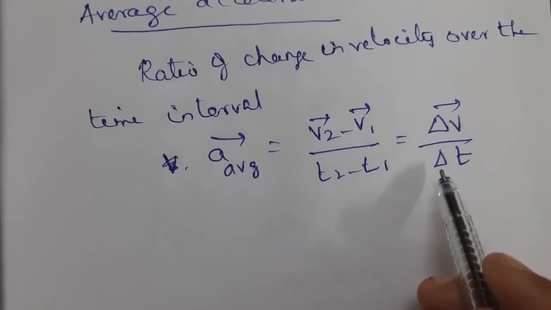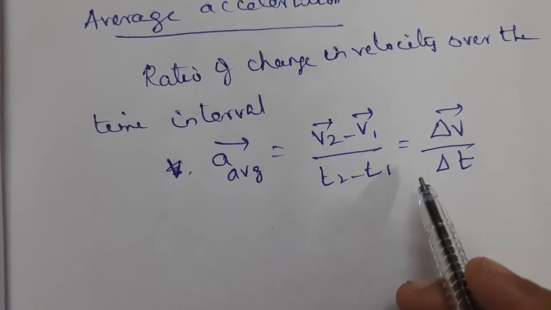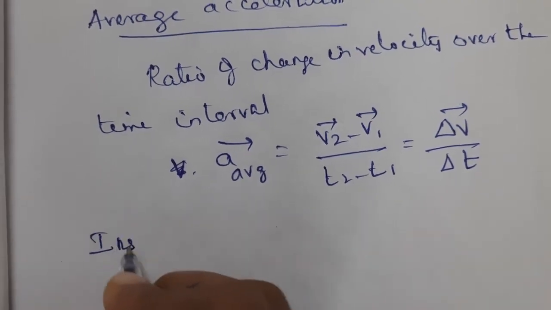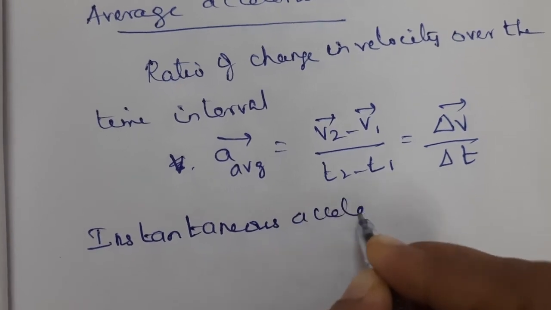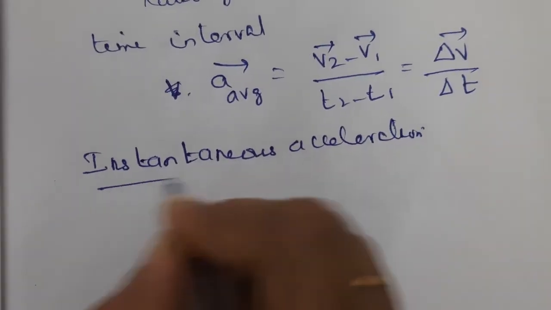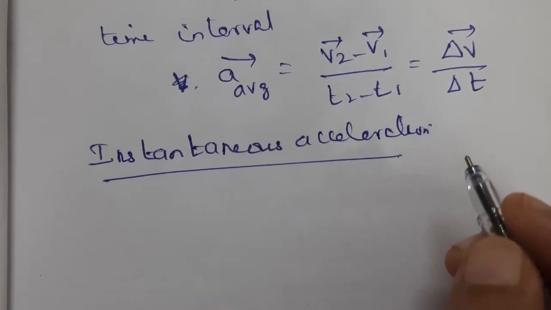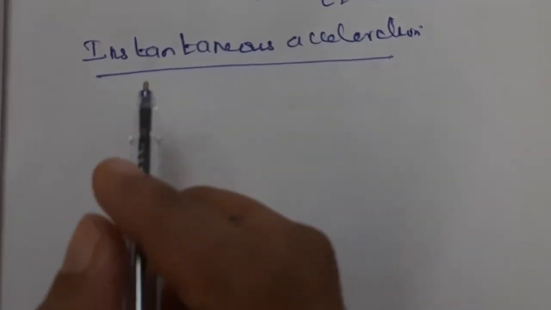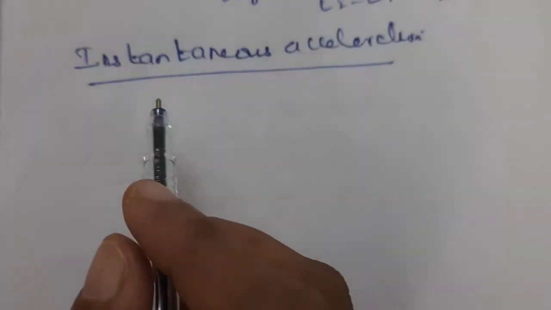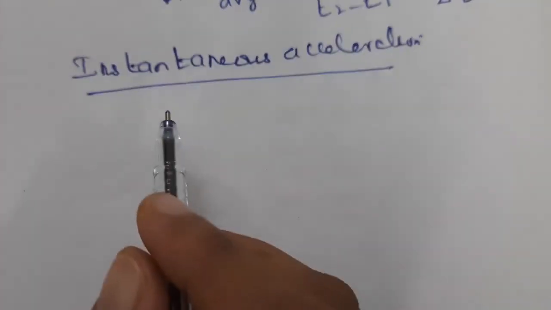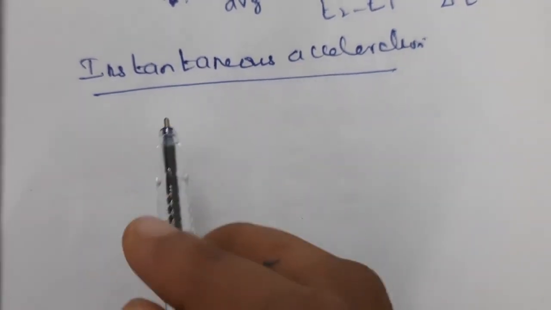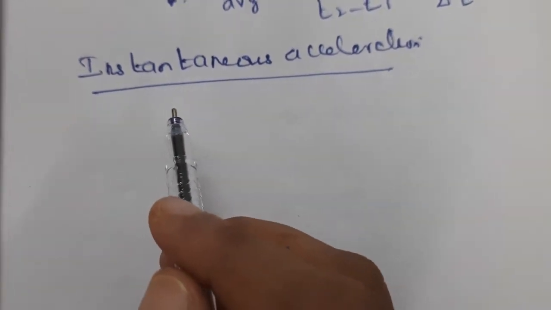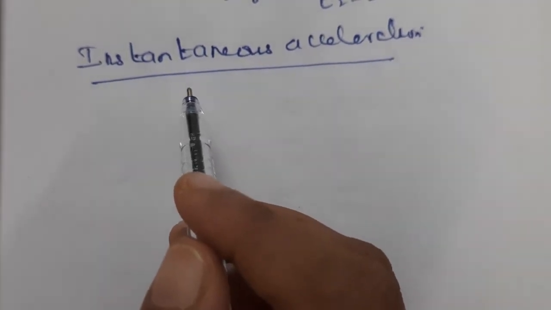This is also a vector quantity. Similarly, instantaneous acceleration. What is instantaneous acceleration? Instantaneous acceleration, or simply the acceleration of a particle at a time t, is given by the ratio of change in velocity over delta t as delta t approaches 0. Average acceleration gives the change in velocity over the entire time interval.